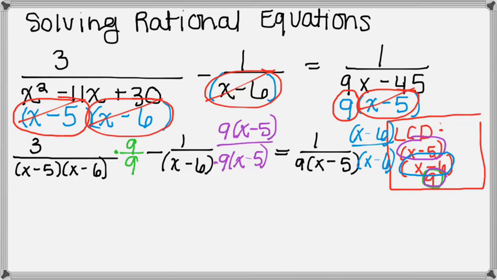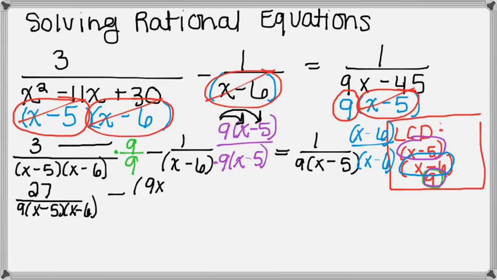Then what that leaves us with, if I multiply those two numerators together, the 3 times 9, we get 27 over, I'm going to leave this all factored out, 9 times x minus 5 times x minus 6. I just wrote the 9 in the front. Minus 1 times 9x times negative 5, which is going to be minus 9x minus 45.